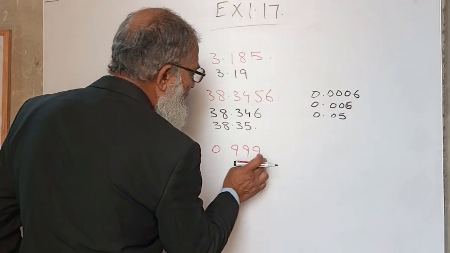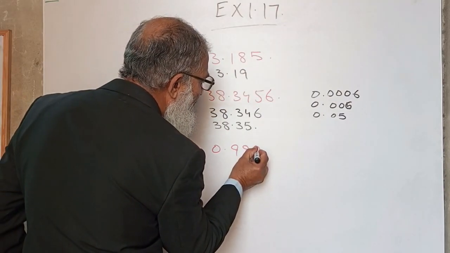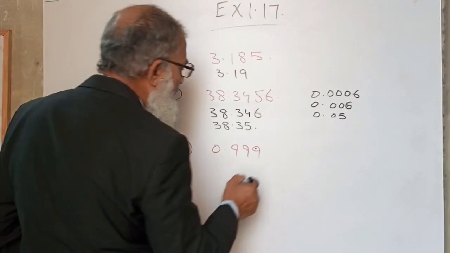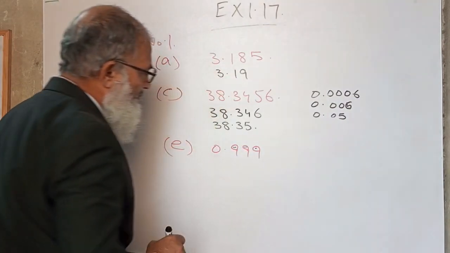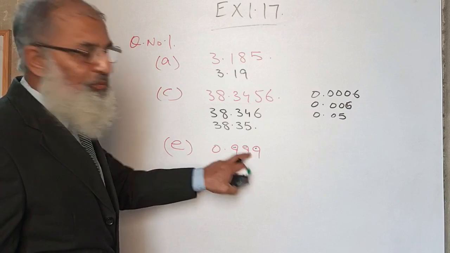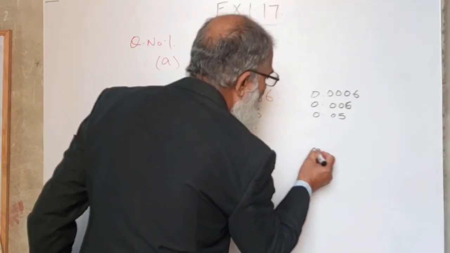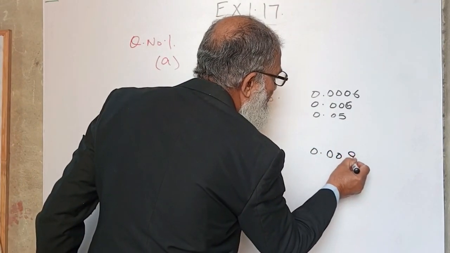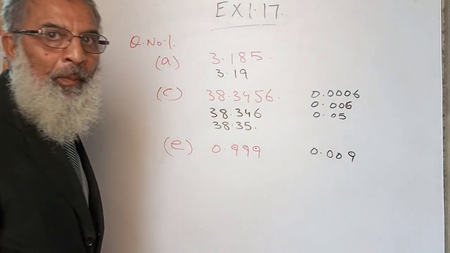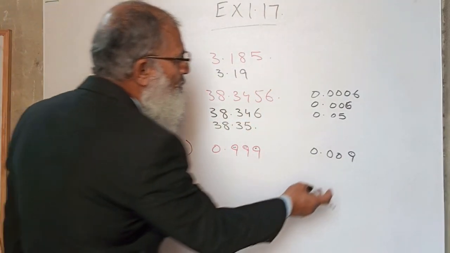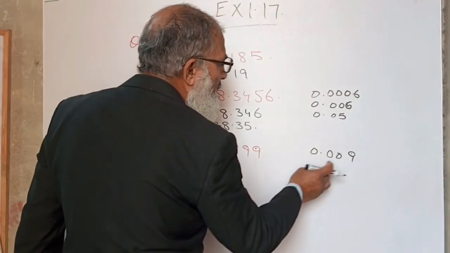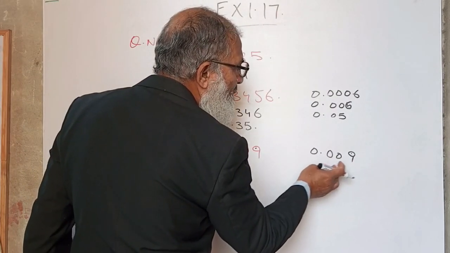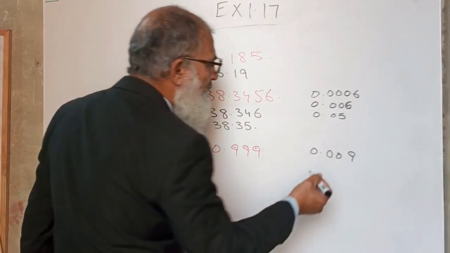Now this 9, you see I have just marked 1, 2 and 3. The position of the 9 marked 1 is here. Now if I go to the next higher number over here, I have to add 0.001.